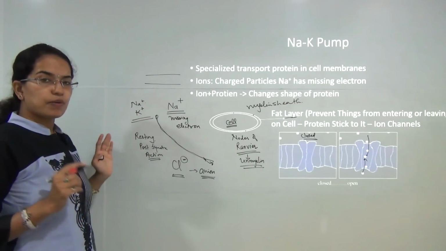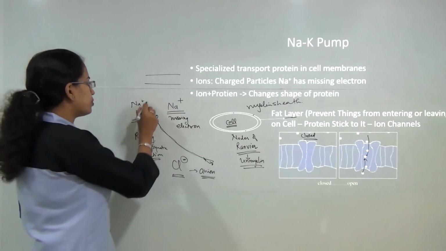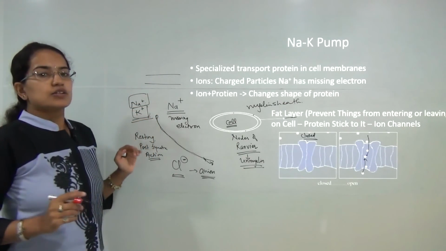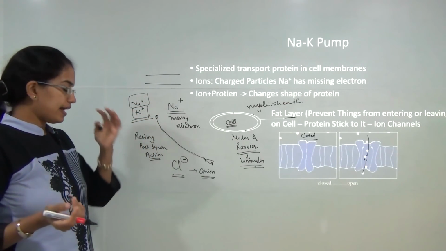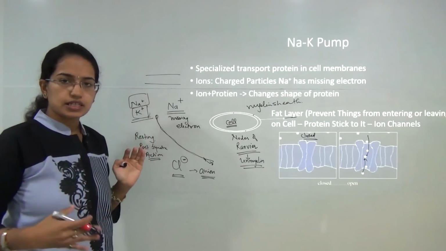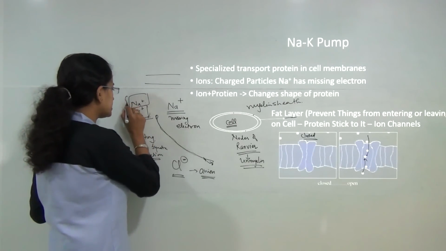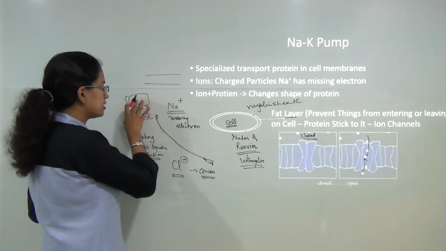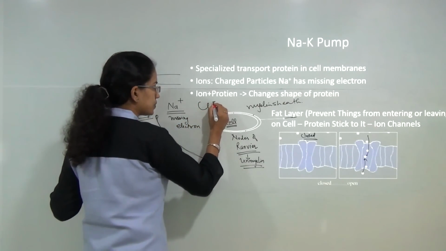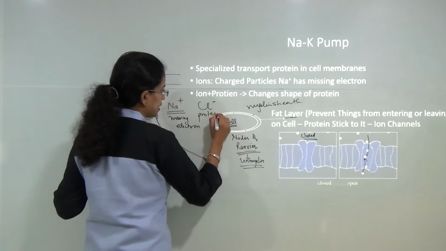However, there is an important question: both of these have a positive valency. To maintain the balance of the cell, you need to have positive as well as negative valencies. So what is the negative that compensates this positive? The negative would be the chloride as well as the protein.